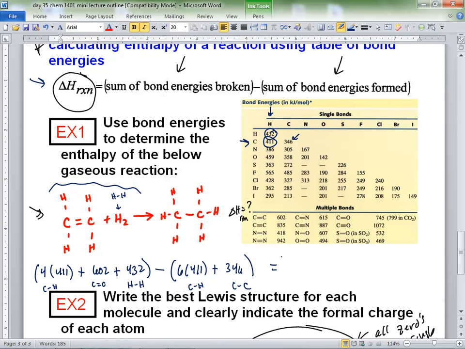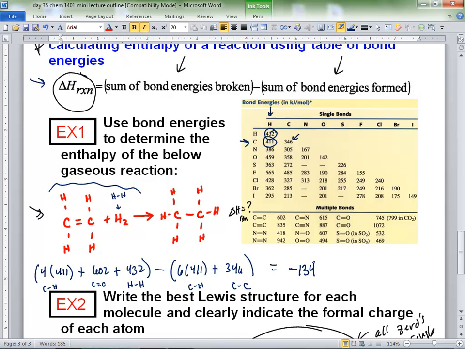Let's see what I get here. 4 times 411 plus 602 plus 432 minus 6 times 411 minus 346, negative 134. And I can look at the table for the units.